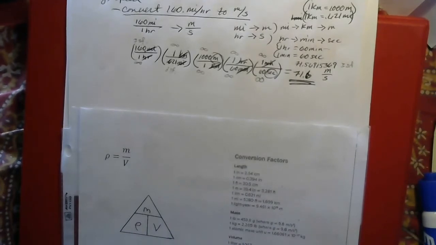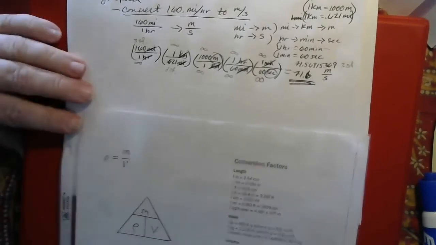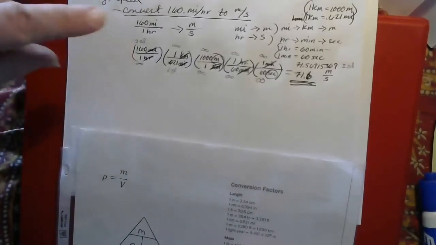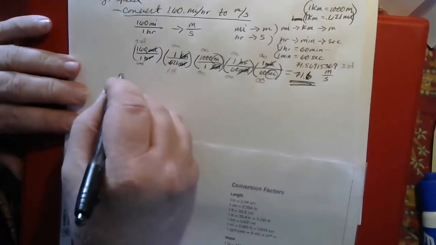Okay. All right, so there are many cases of things like that where we can do conversions with one unit over another. This is, like I said, step by step, converting one unit at a time.